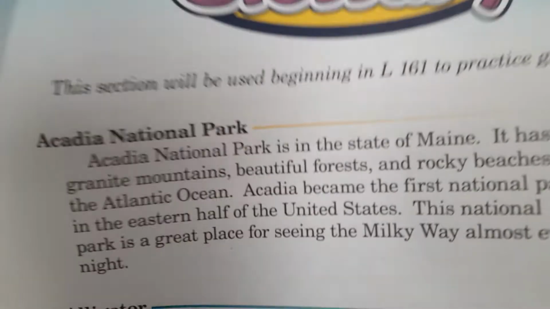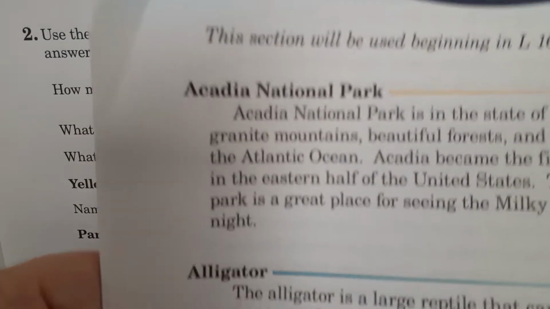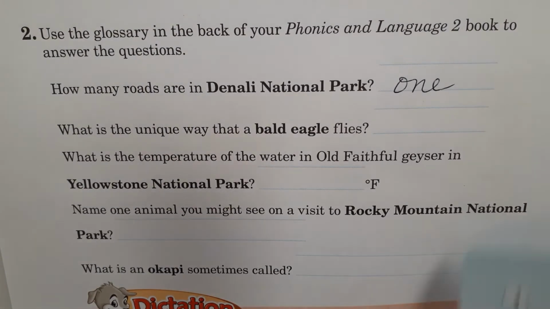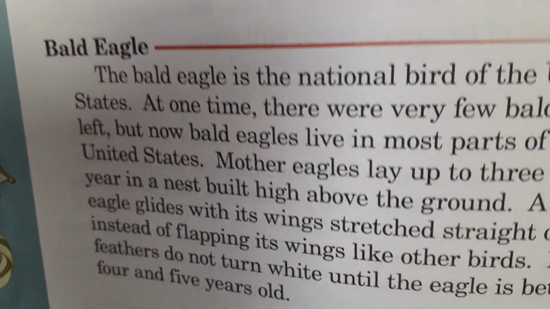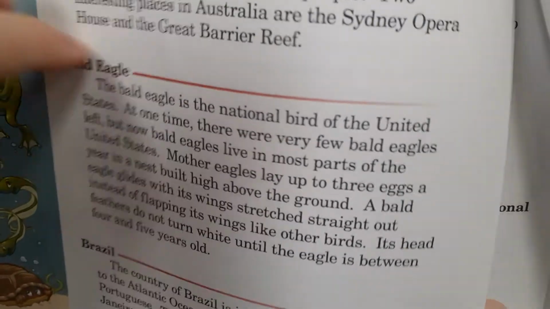flies is. So here we have to start at the beginning because the B comes after A. So here we have to go through all the A's to get to the B's. And here's B, here's a bald eagle. What is the unique way that a bald eagle flies?